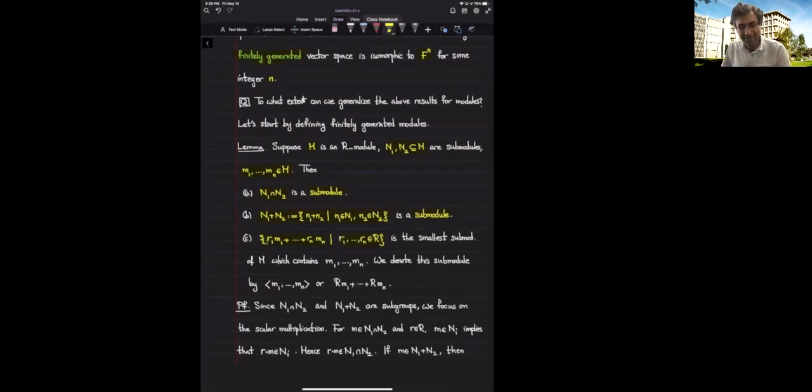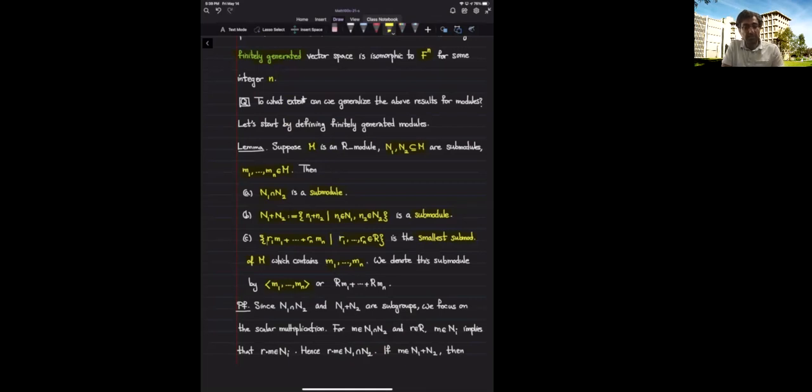So in fact, we show that the set that contains all R linear combinations of m sub i's forms a submodule, and it is the smallest submodule of M which contains m sub i's. We denote this, as before, as angle brackets around the m sub i's.